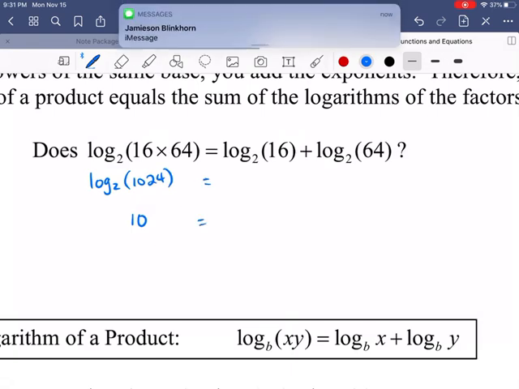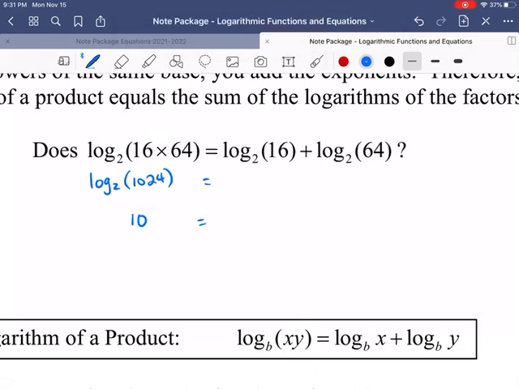So log 2 of 16, that's basically saying what exponent of 2 will equal 16. And the exponent there is 4. And the second part here, log 2 of 64, means that 2 to what exponent equals 64, and we know that that's 6. So 4 plus 6 is in fact 10, and 10 equals 10, so we're good to go.